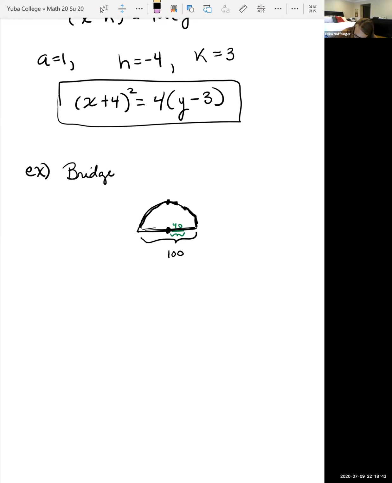We know that this height in here is 10 feet. From its center is to be 10 feet. Find the height of the arch at its center.